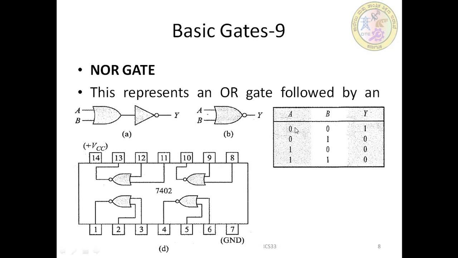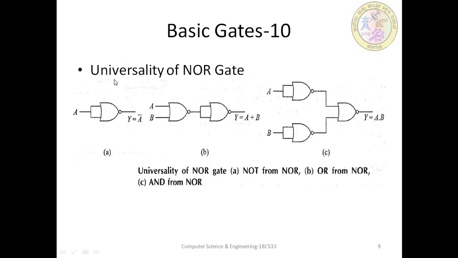So there, the output is only high when both the inputs are low, and in the remaining conditions the output is low. So this is one thing you need to remember. And the IC for the NOR gate is 7402.